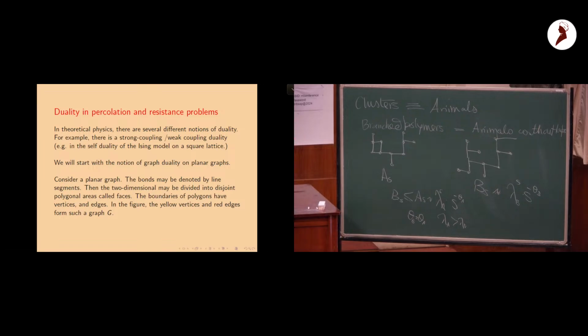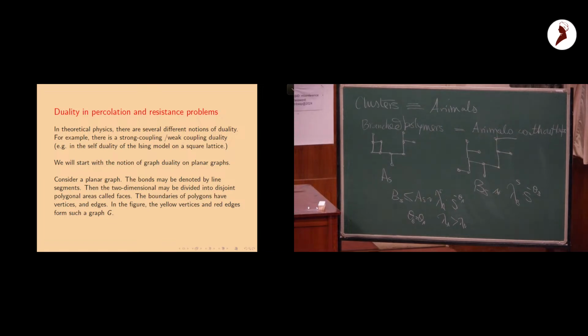Okay, so there are several kinds of notions of duality, but one of the things which is often used is what is called strong coupling, weak coupling duality. If you have some theory in which some coupling constant is very big, then you can change variables and convert it into another problem in which the coupling constants are small, and vice versa.